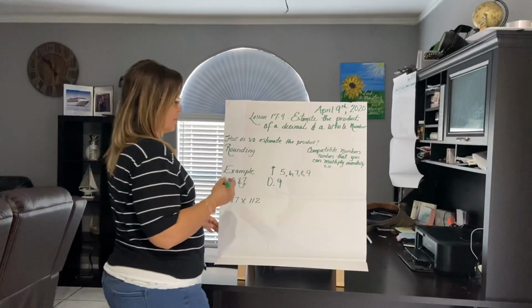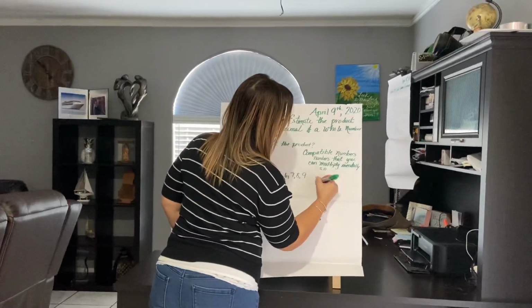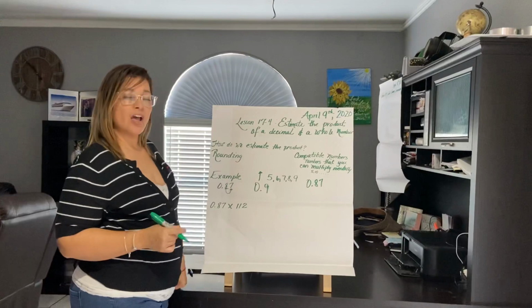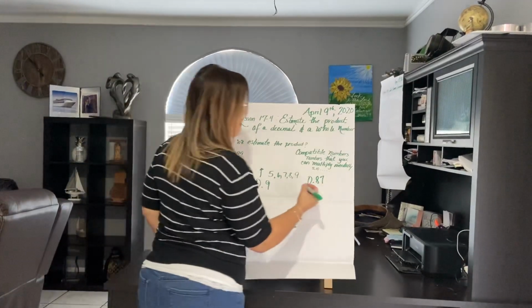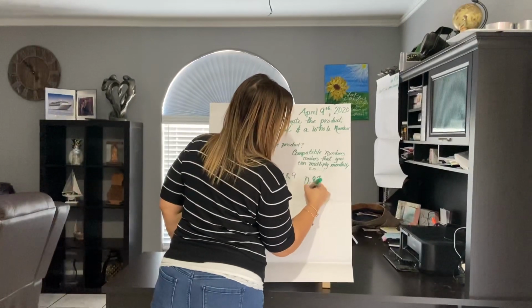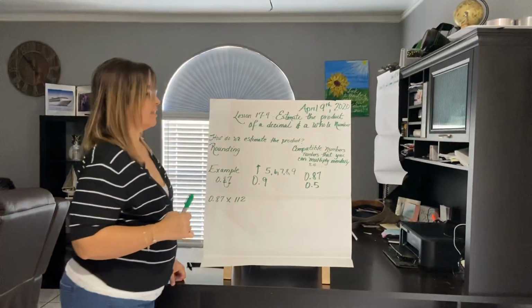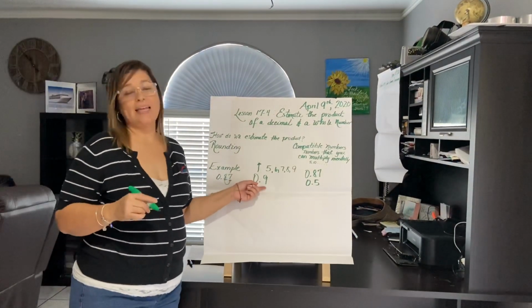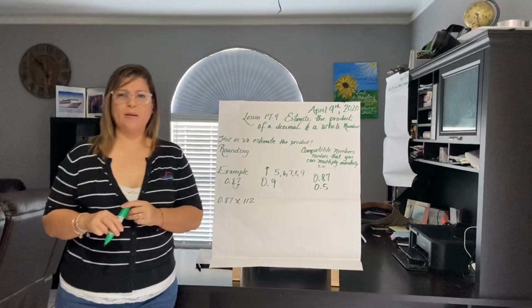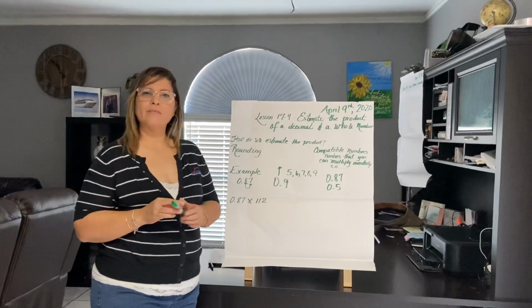So if I'm going to use the compatible number for 87 hundredths, it's going to be rounded to 5 tenths and not 9 tenths. Why do I use 5 tenths when I'm using compatible numbers?